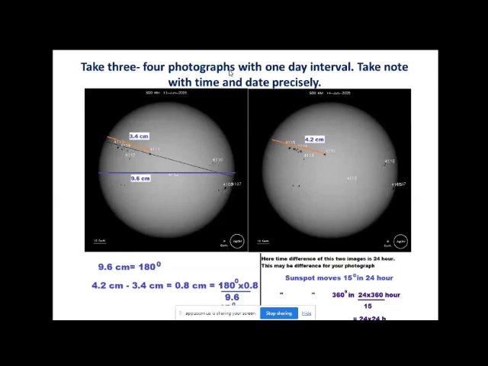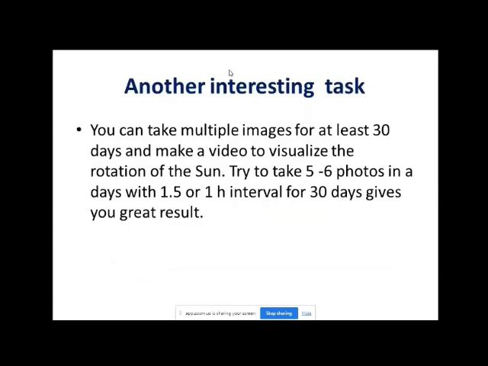Another interesting thing is that you can take multiple images for at least 30 days and make a video to visualize the rotation of the sun. But again, we have to keep the settings the same for these 30 days, meaning the settings for the telescope and the settings for the camera or smartphone.